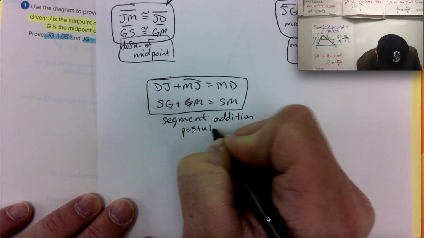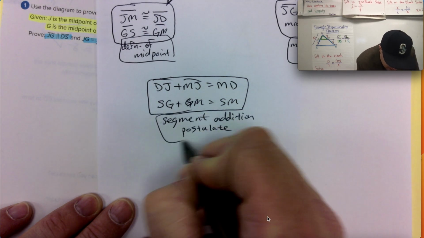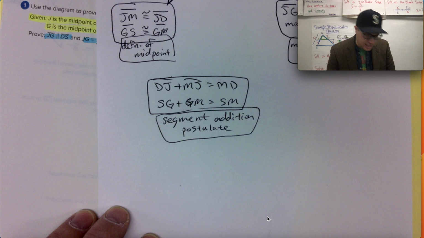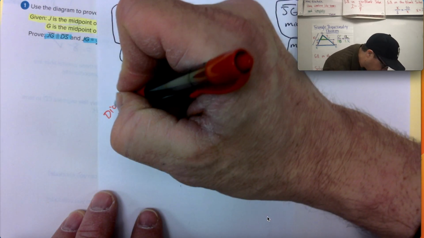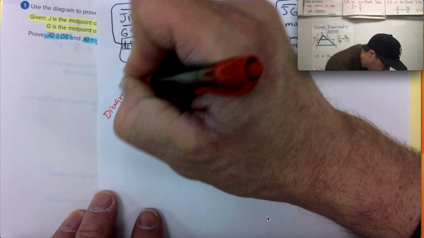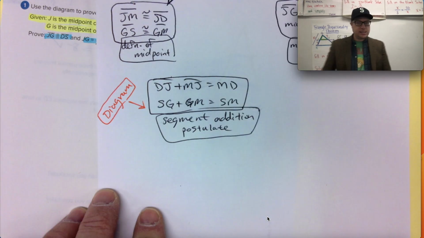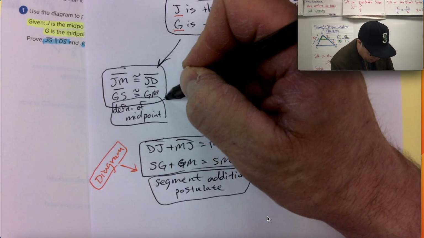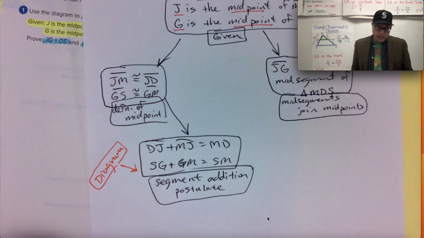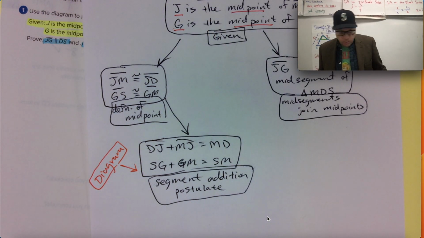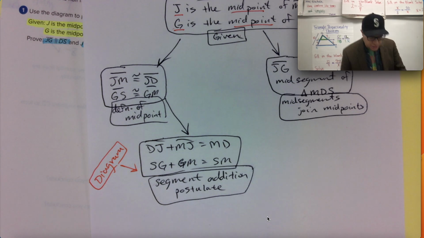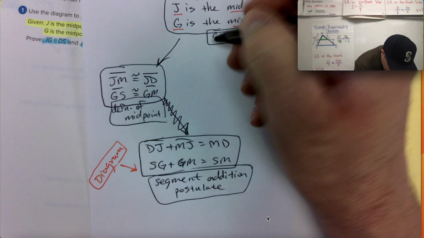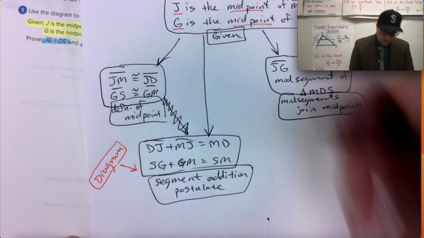And it's happening as well because over here on the side, we're just looking at the diagram. So there's like a diagram option. I'm not really gonna count it, but where'd that segment addition come from? Well, it came from the fact that we're breaking apart the triangle the way that we are, and then we're bringing it back together. Actually, it's not that arrow. It's directly from here. Okay.